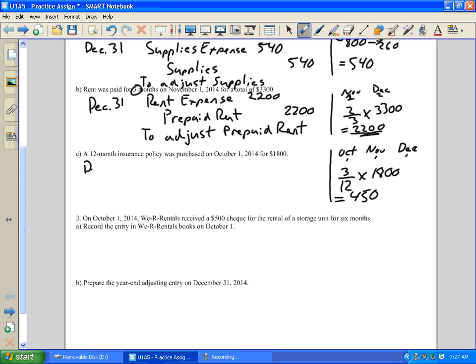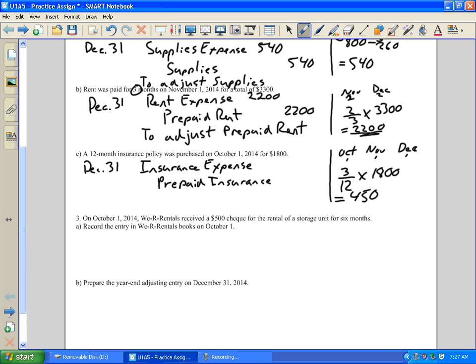So on December 31st, we're going to debit insurance expense because that's the expense that we've used up this year. We're going to credit prepaid insurance, an account that would have been created on October the 1st when they first purchased the insurance.